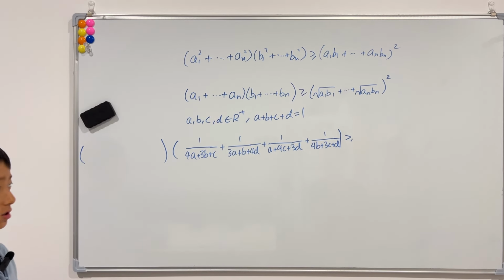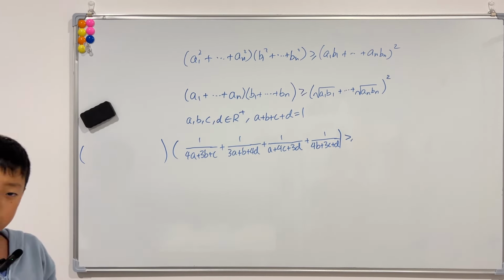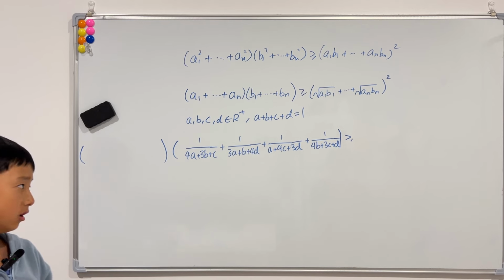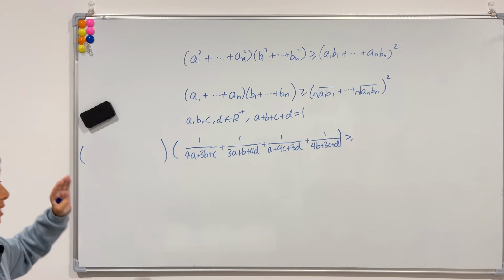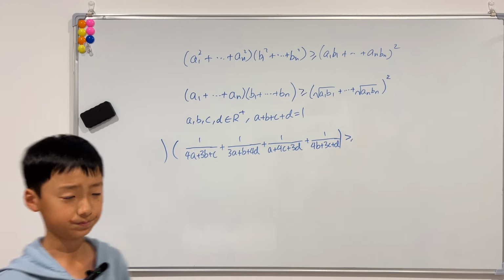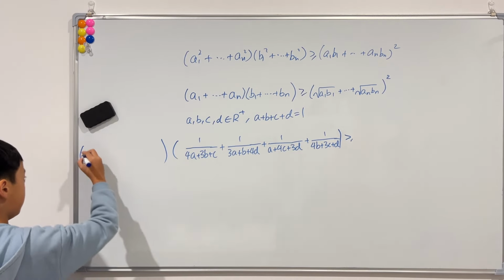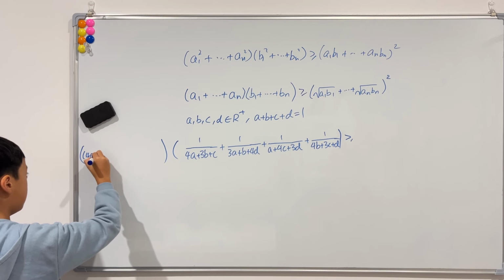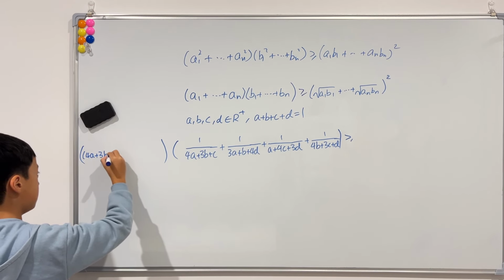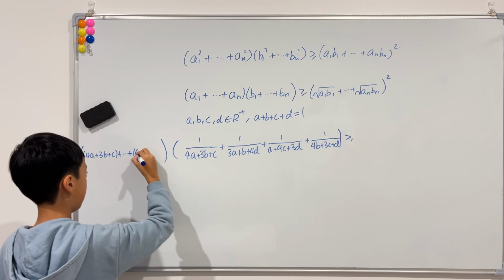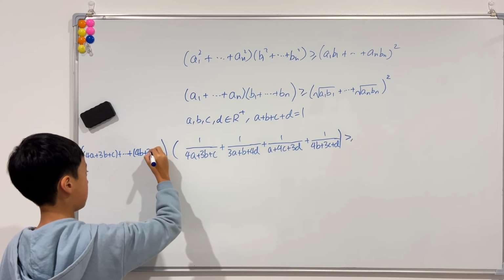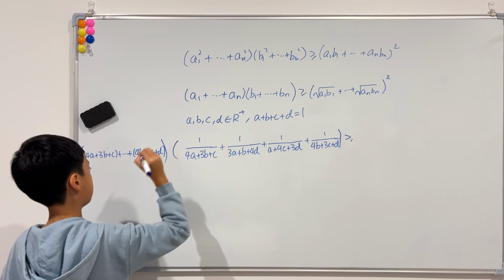Or what do we want? Well, if we notice on the previous two questions, I've said many times that what we want here is the sum of all the denominators. So I'll write that out. So it will be 4a plus 3b plus c plus all the way to 4b plus 3c plus d.